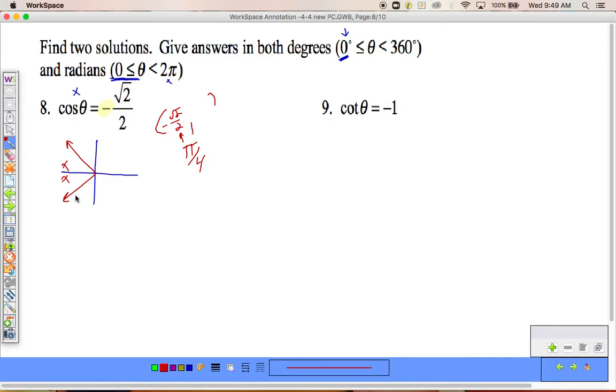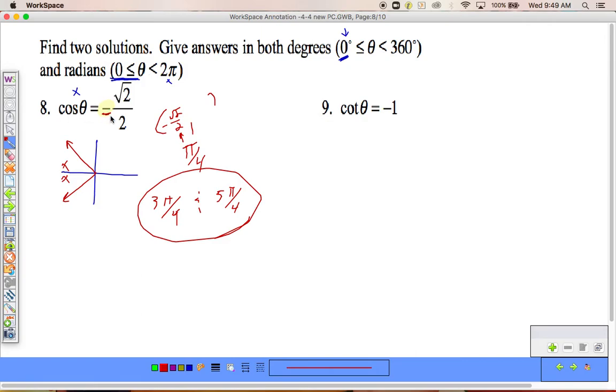That pi over 4 in the second is 3 pi over 4, and the pi over 4 in the third is 5 pi over 4. And those are going to be my 2 answers. That's knowing what the good angles are from your unit circle. I don't want you to look at the unit circle to figure out the answers. I want you to go through the process.